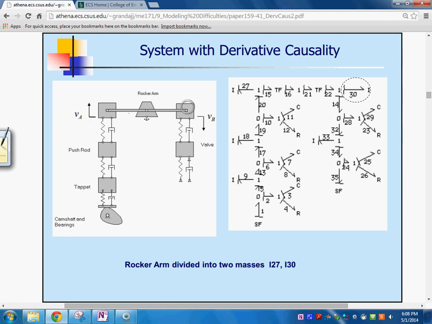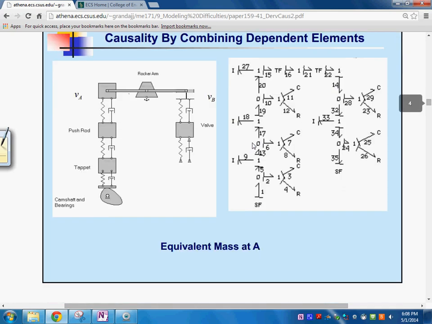So the point is that derivative causality is caused by the dependency of one inertia with respect to the other. So it's saying maybe we have one element too many, or we should look into the possibility of lumping these two together to make one inertia that is totally independent. Because if we keep it like this, of these two, one is in integral form, and the other one is in derivative form.